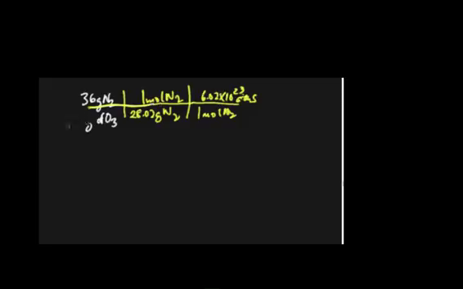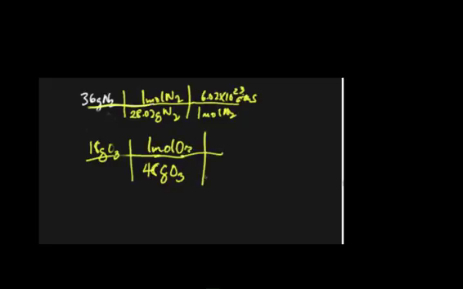And then if we did the same thing for the 18 grams, we know that there's 48 grams in 1 mole. And then we know 1 mole has 6.02 times 10 to the 23rd.